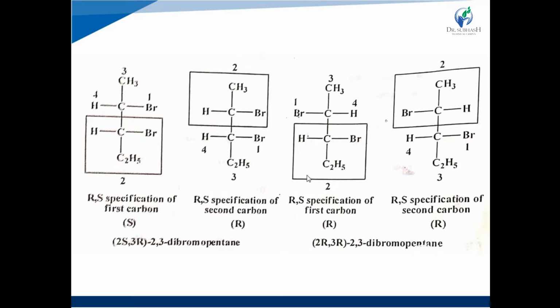So in this isomer, both chiral centers are of R configuration. Here also the lowest priority group is considered; in both cases it is on the horizontal line, right?